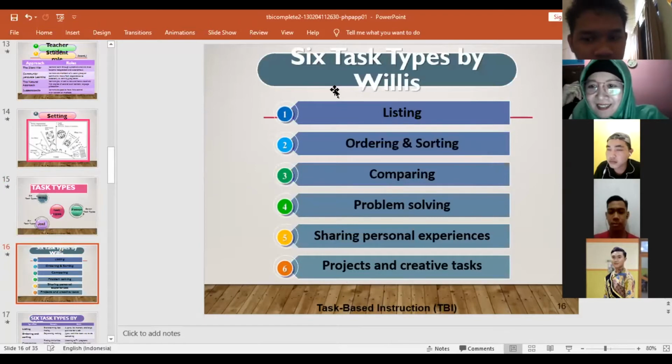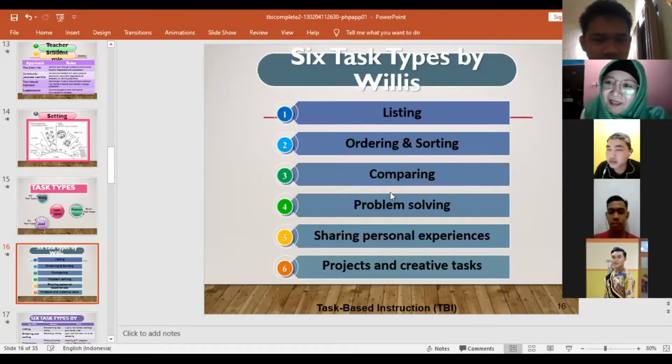Do you see that it has levels from listing, ordering, comparing, problem solving, sharing personal experience, and project? Do you see that it goes up in level? So listing is easier than ordering, and the project and creative task is difficult.